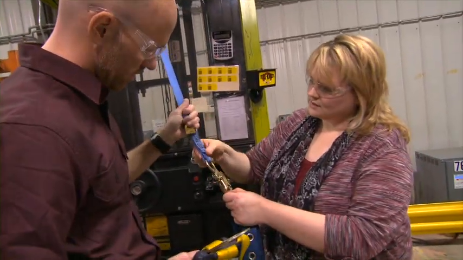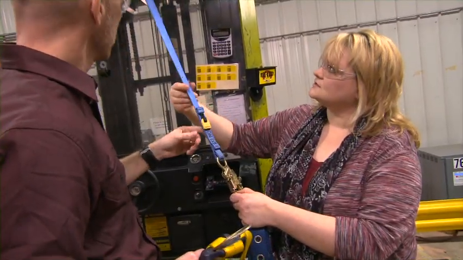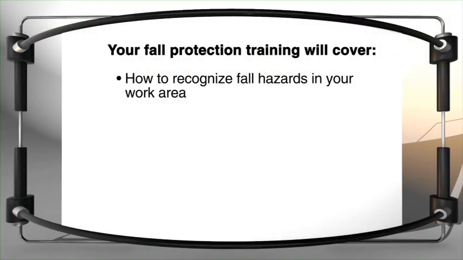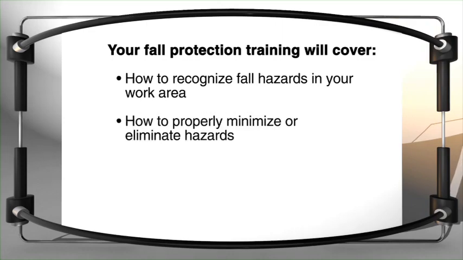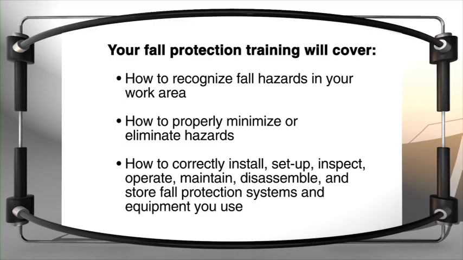The training will be designed and conducted by a qualified person, and at minimum will cover how to recognize the fall hazards in your work area, how to properly minimize or eliminate those hazards, and how to correctly install, set up, inspect, operate, maintain, disassemble, and store any fall protection PPE you have access to, including personal fall arrest systems, travel restraint systems, and positioning devices. Depending on your location, your training may also include requirements unique to your state or municipality.